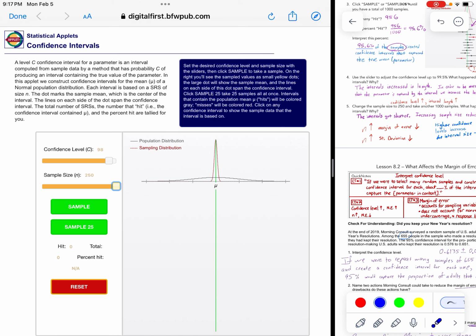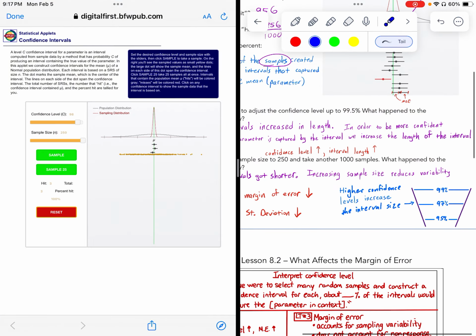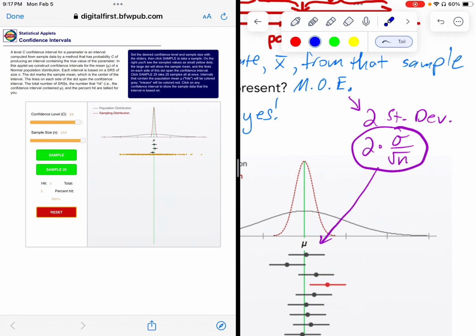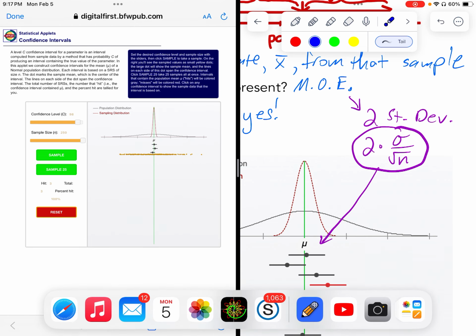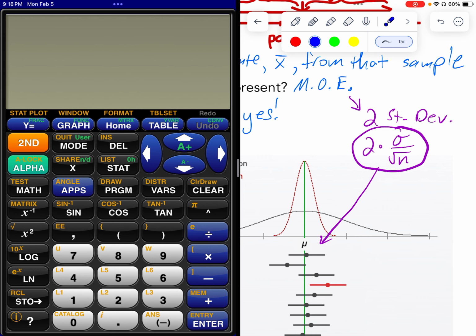So 250. If I hit my samples, look at those. Look how small that interval is. And this should make sense, you guys. If I go back to here, with my standard deviation for a population, yesterday our test score standard deviation was 6.8.